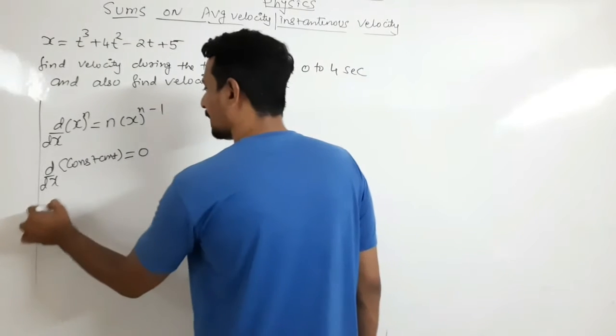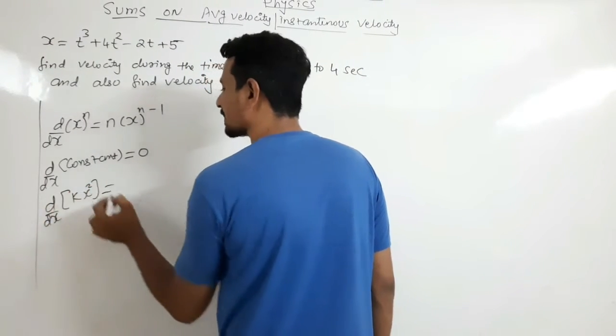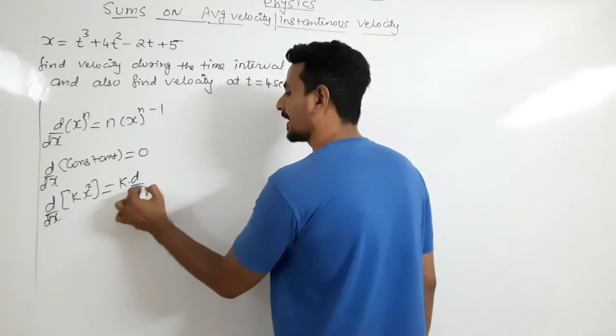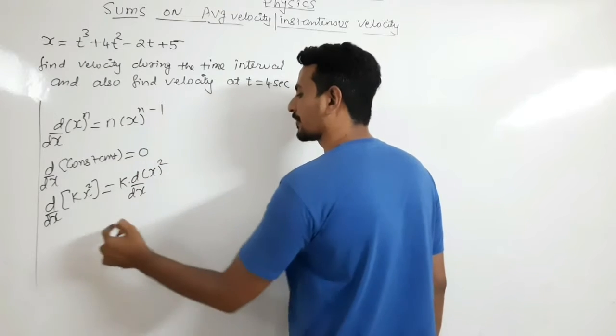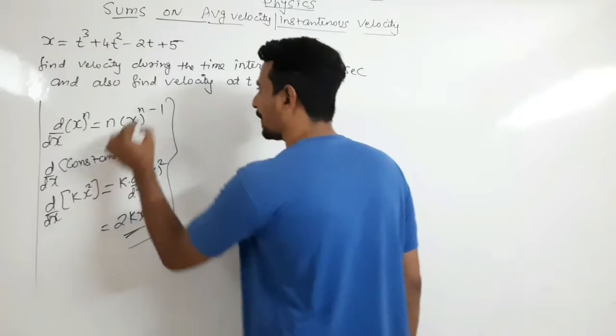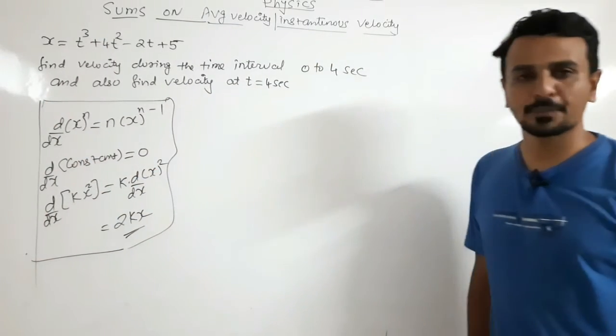And d by dx of kx square, where k is any constant, the constant has to be taken outside, and then you differentiate x square, so it is finally 2kx. These are the three basic formulas of differentiation which we discussed in the previous video.